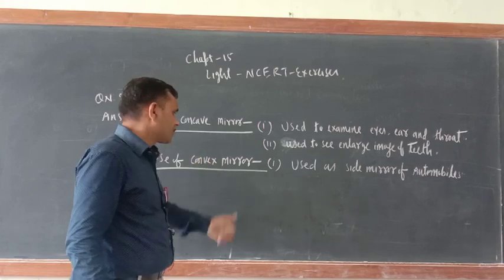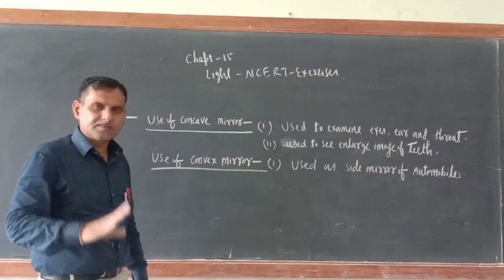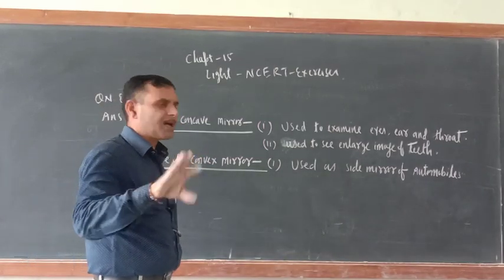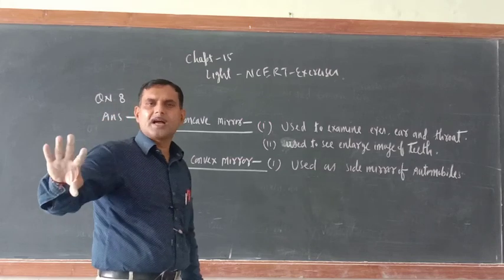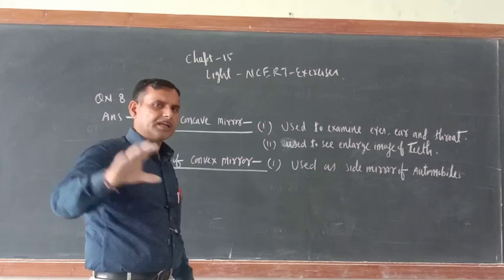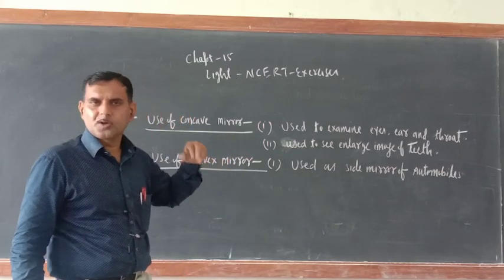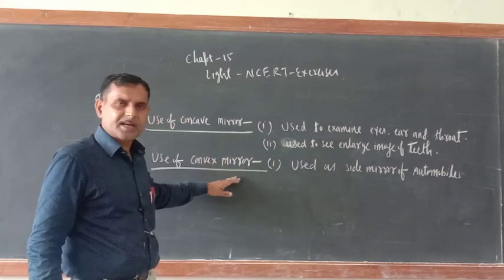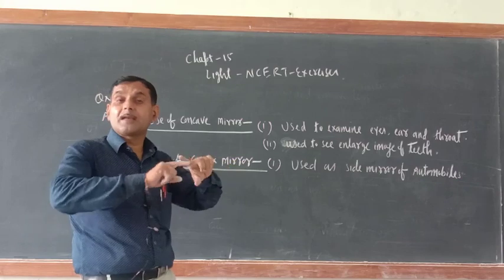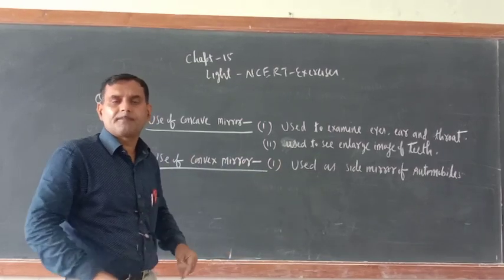And what is the use of convex mirror? Convex mirror is used as a side mirror of automobiles. Why is it used as a side mirror? You know that convex mirror can form the image spread over a large area.